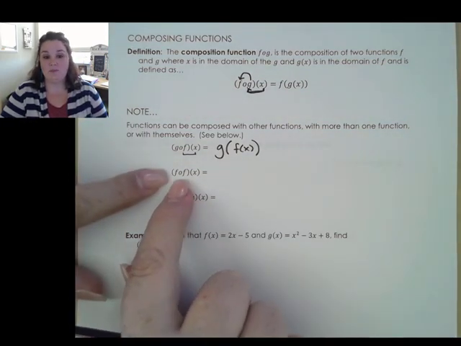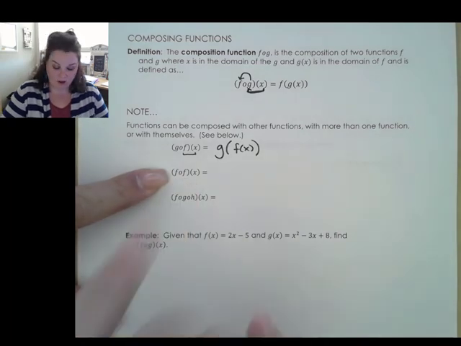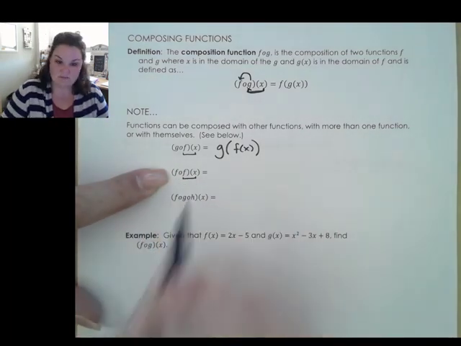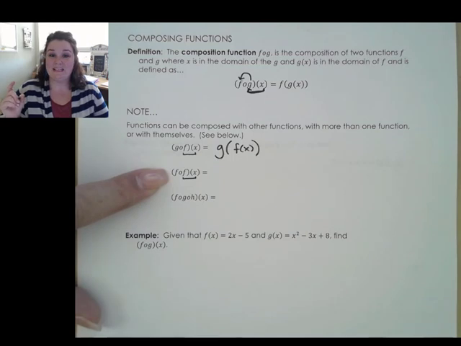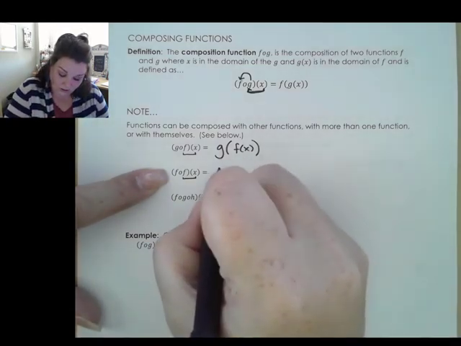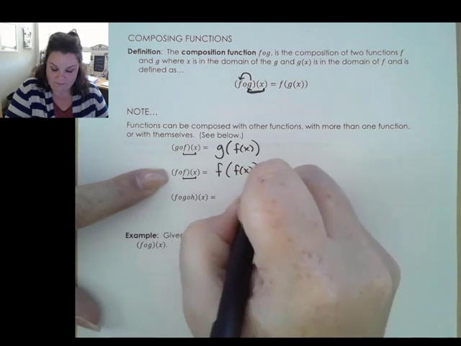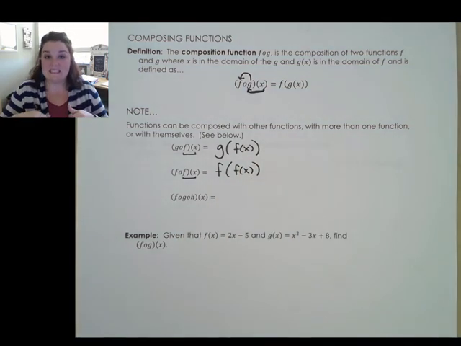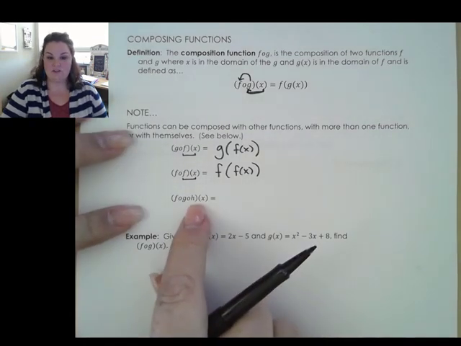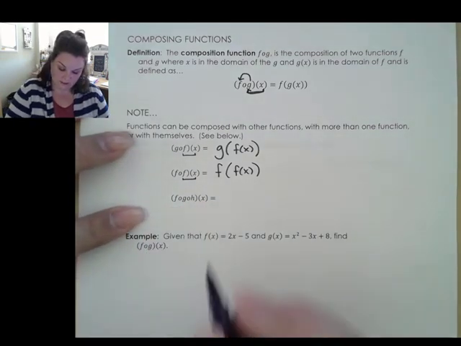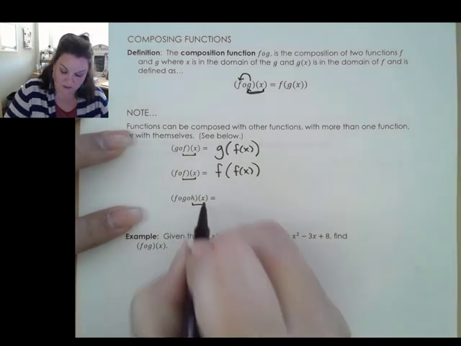Same thing here. We can compose a function with itself. All that means is that we're taking this inner function f and plugging it into that outside function, which also happens to be f. So basically we're plugging our f of x function inside itself everywhere we see an x. Okay. And then the same thing is true if we have more than one. Okay. We always start with our innermost function.